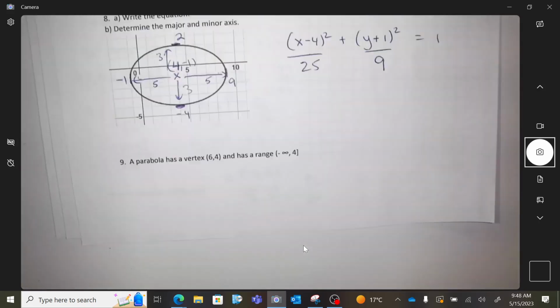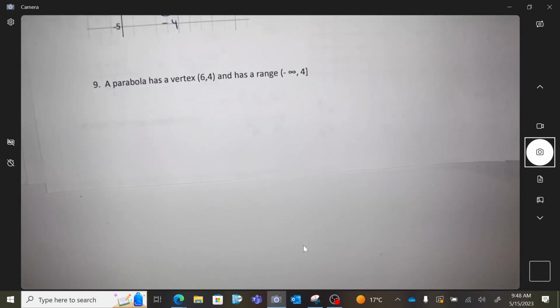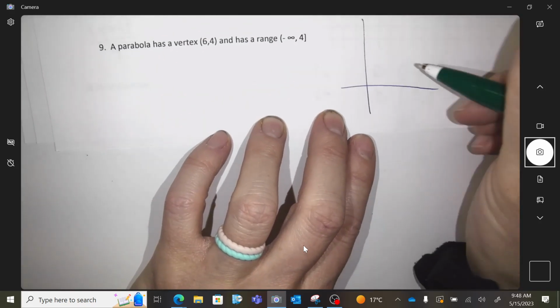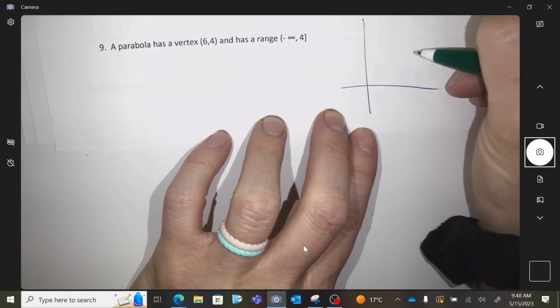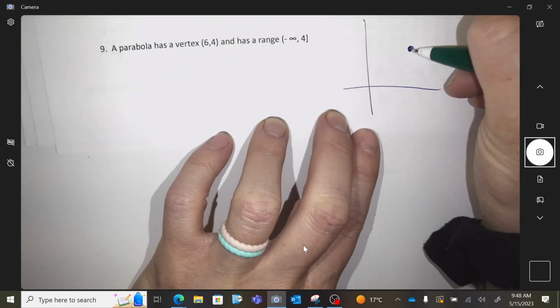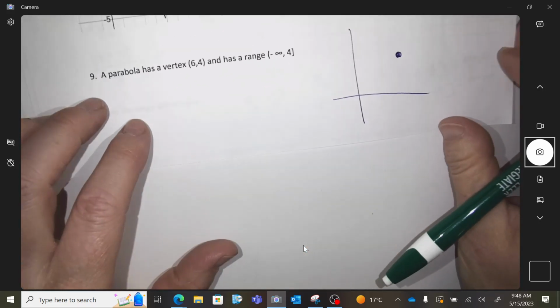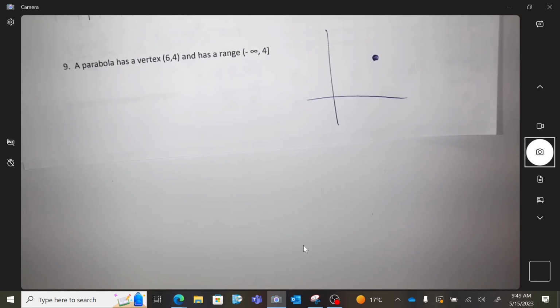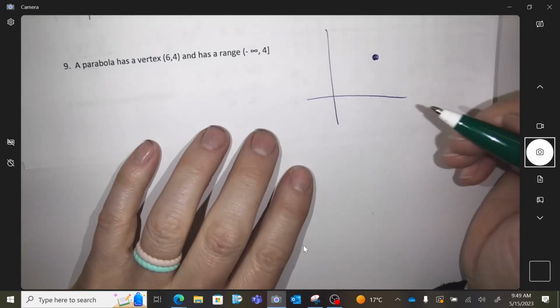Okay, the last one. Now we have, it says a parabola. The vertex is (6, 4). So there's the vertex, and it has a range. Negative infinity to 4 is the range.